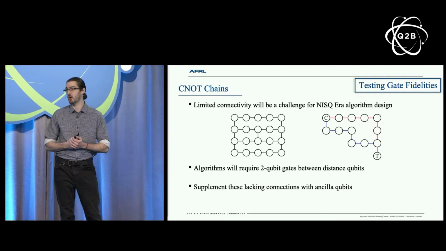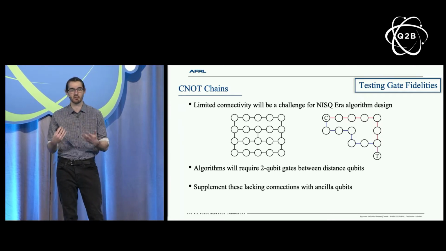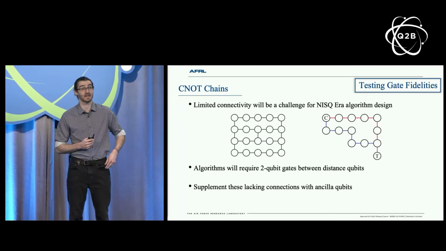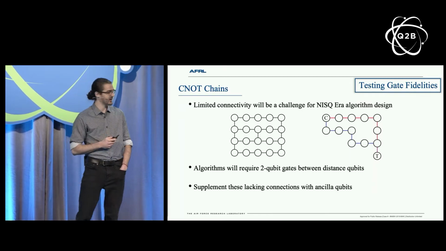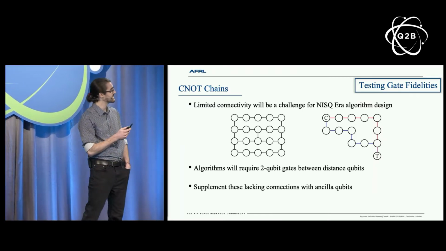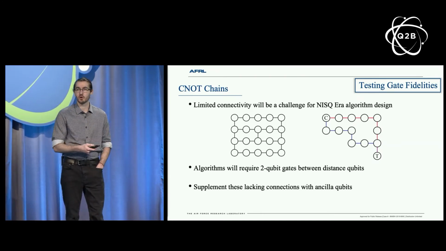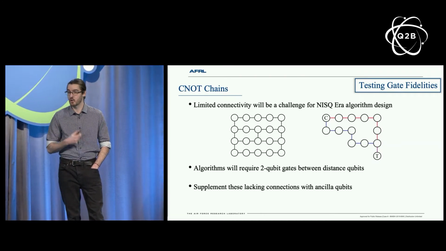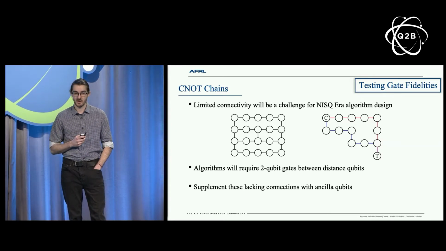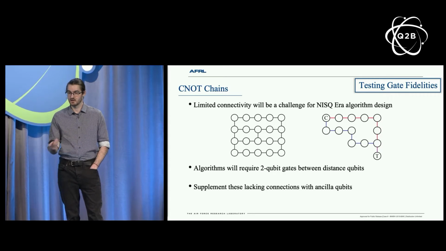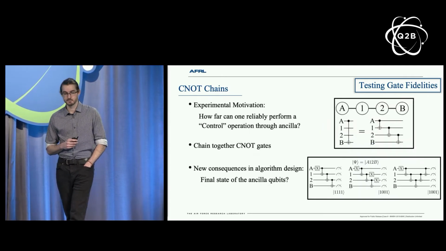So C naughts are the first approach to supplementing lacking connectivity. As you see here, I just picked 2 qubits, C, T for control and target. And you already have choices. So if you want to go and put your algorithm on a real device, you have immediate choices of, okay, where do I put my connections? What qubits are better than other qubits? So that's what we're interested in.